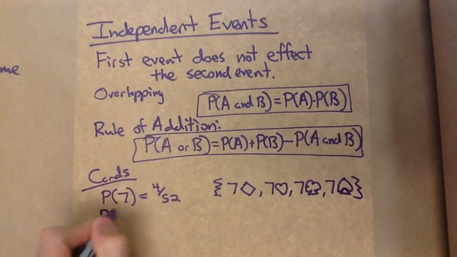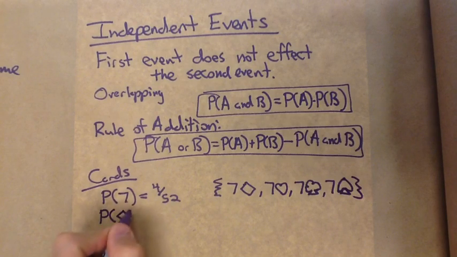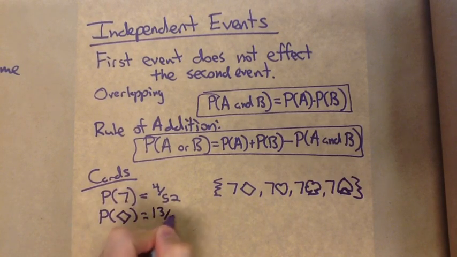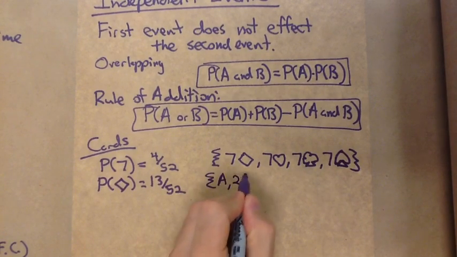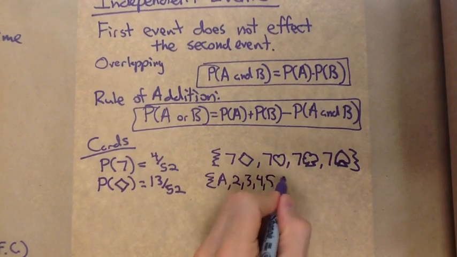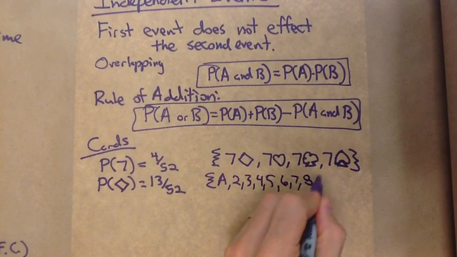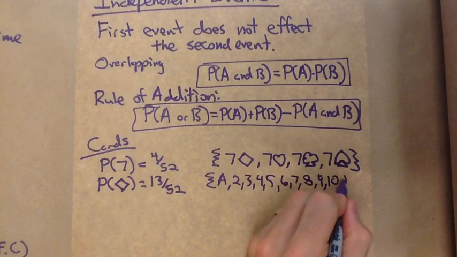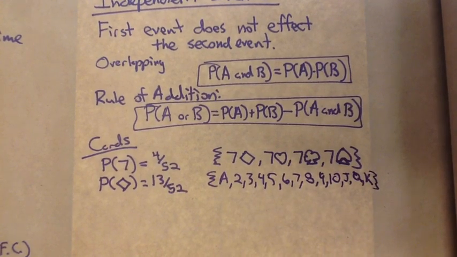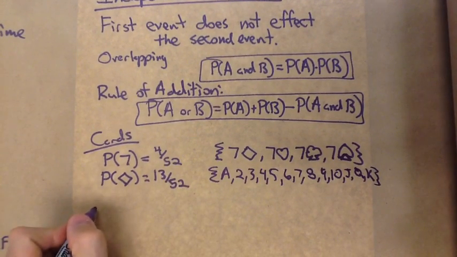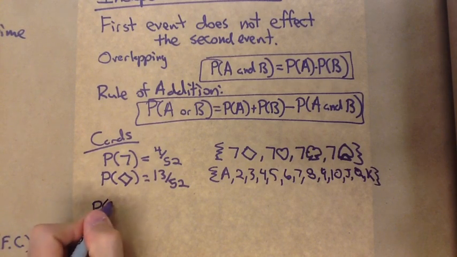Then if I'm looking at the probability that I pull a diamond, there are 13 out of 52 diamonds. And that starts at ace and goes all the way to king. 13 of those.